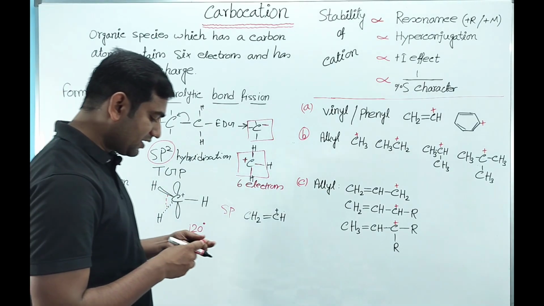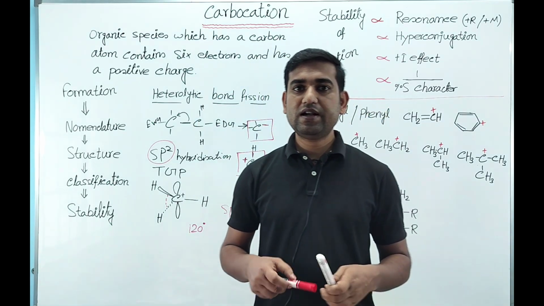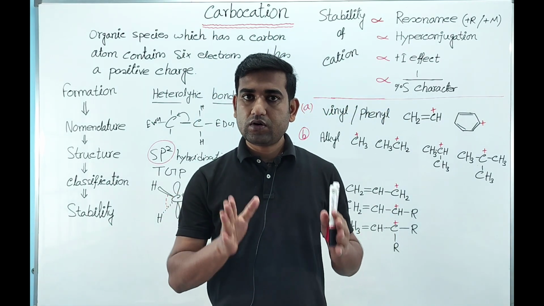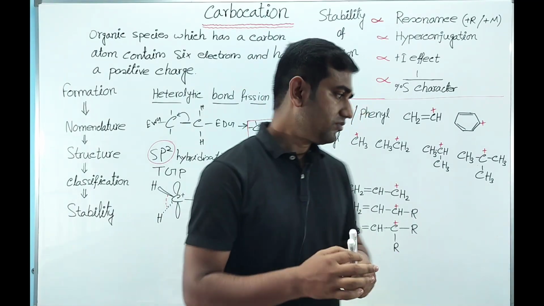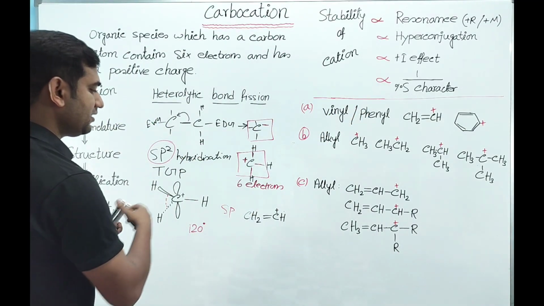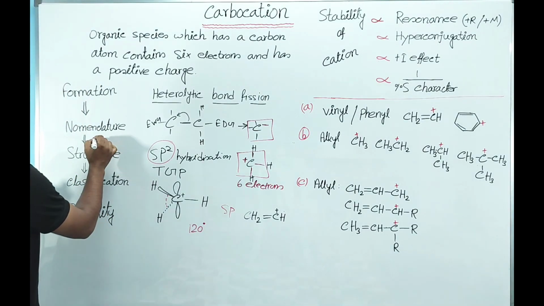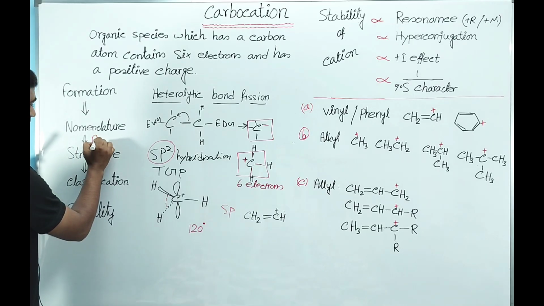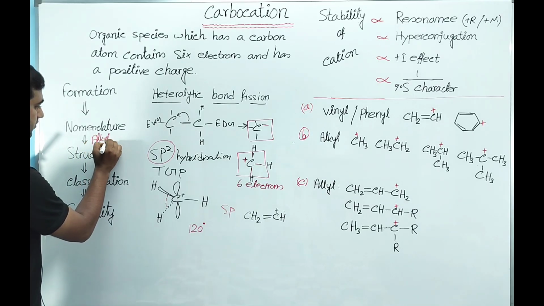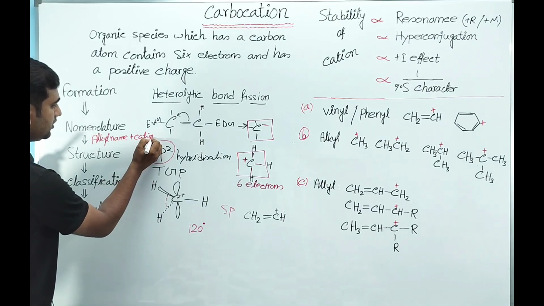And what is the nomenclature of carbocation? Generally, the nomenclature of any carbocation is the alkyl group name and then the term cation.